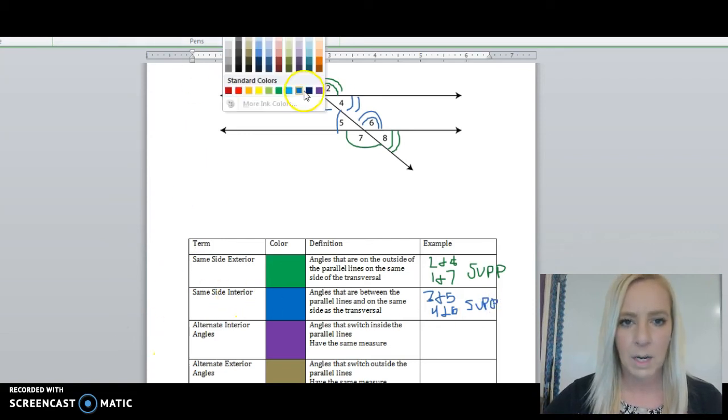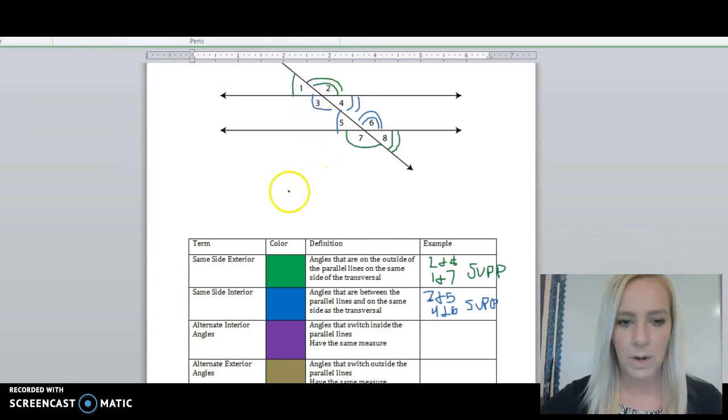Now I'm going to need a purple marker or crayon. Angles that switch on the inside of the parallel lines. So I'm going to say, for example, 3 and 6 are alternating interior angles, and 4 and 5 are alternating, and they are equal to each other.